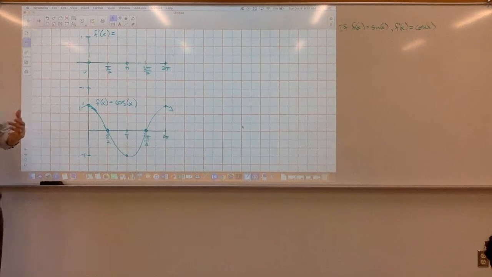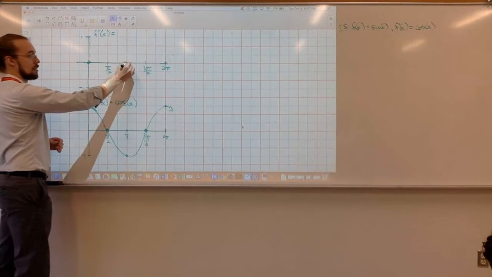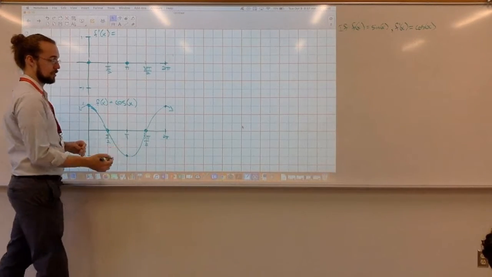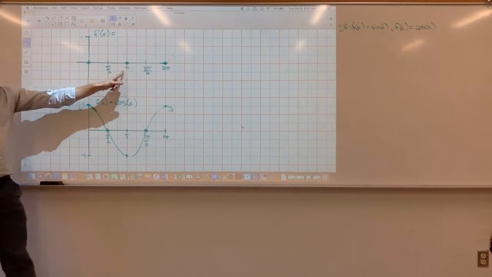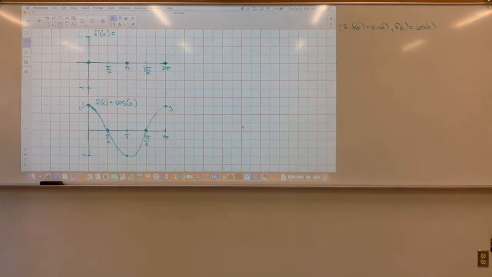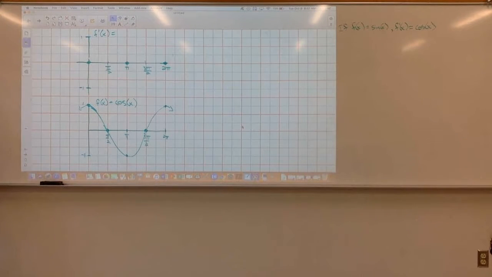First we want to look for where the slope is 0. So at what values do we have a slope of 0? At 0, pi, and 2 pi. So I know that my derivative is going to cross the x-axis at those 3 values. Then let's look at a couple of other key values. At pi over 2, the slope is approximately -1.